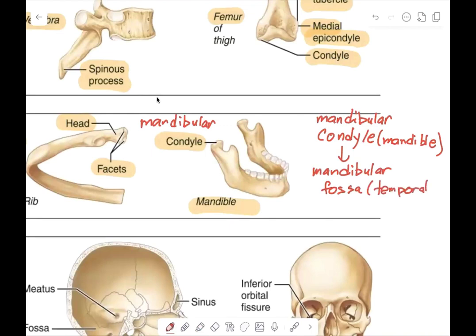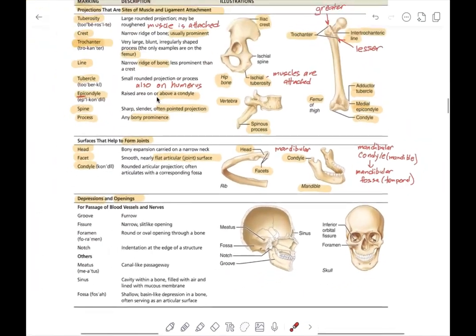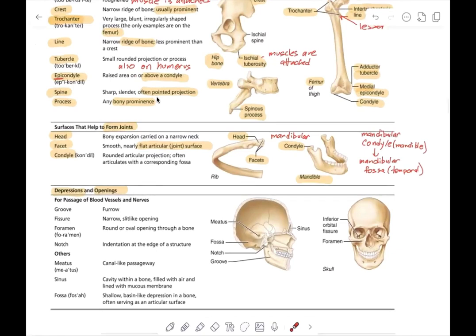So if you take a minute to feel your TMJ joint, you will feel the mandibular condyle here fitting upwards into the mandibular fossa on your temporal bone. The last one in this section is, again, that condyle, and it oftentimes articulates with the fossa. So the condyles and the fossas are very, very important.